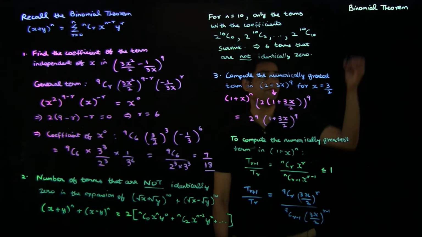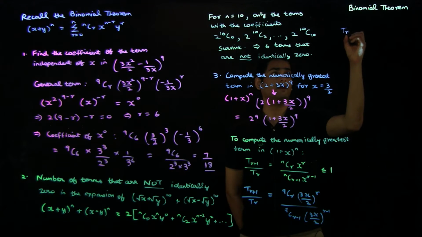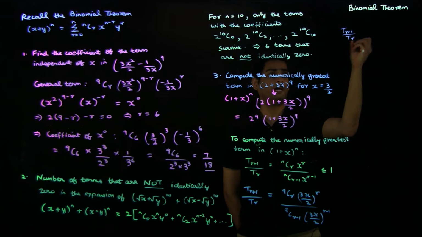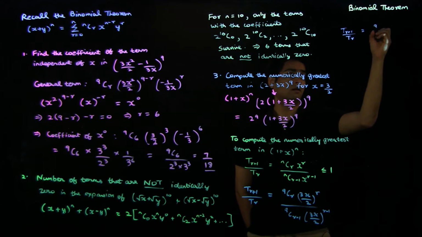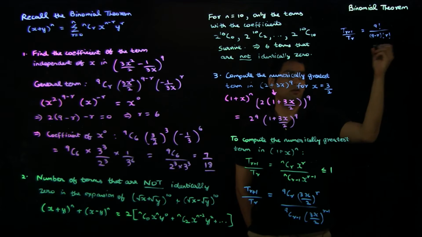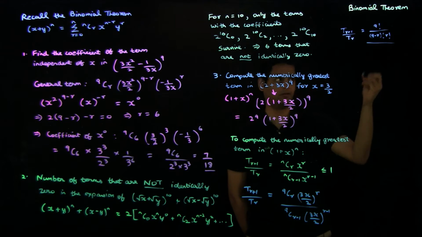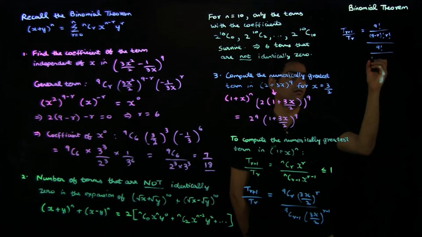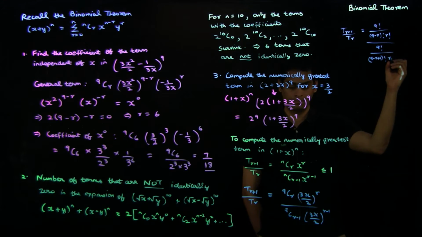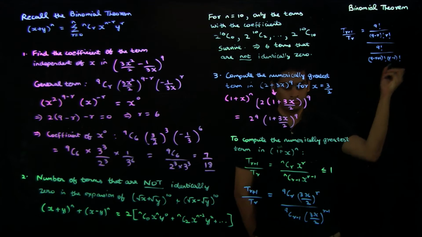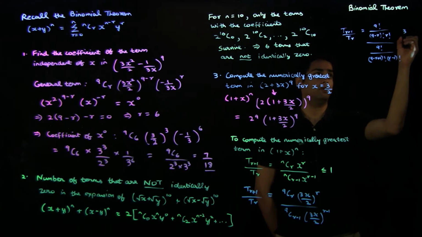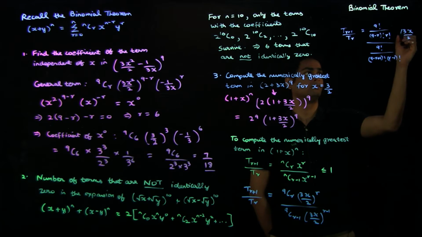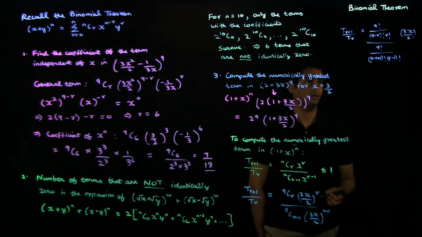So if you expand the numerator and the denominator, you would get T(r plus 1) by T(r) is 9 factorial divided by (9 minus r) factorial times r factorial, and the denominator is going to give you 9 factorial divided by (9 minus r plus 1) factorial times (r minus 1) factorial, and you'd have a residual 3x by 2 term in the numerator.